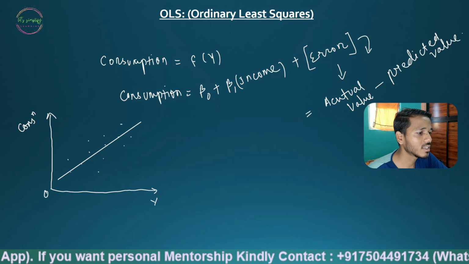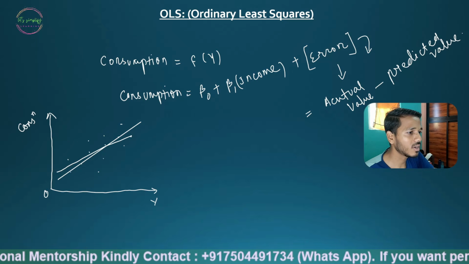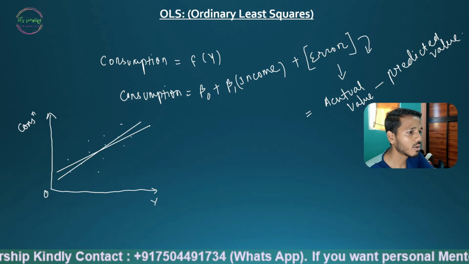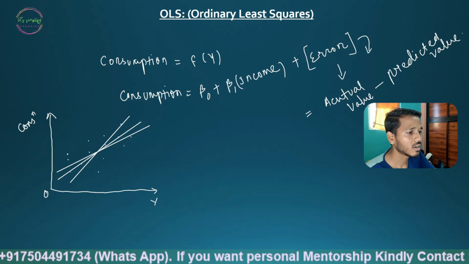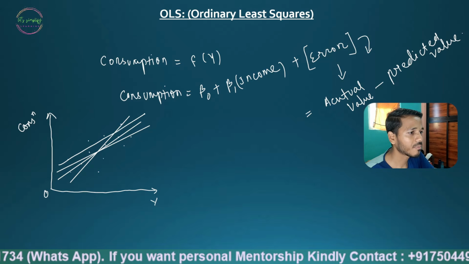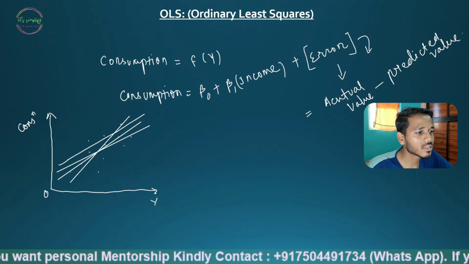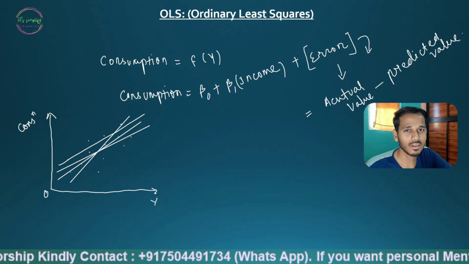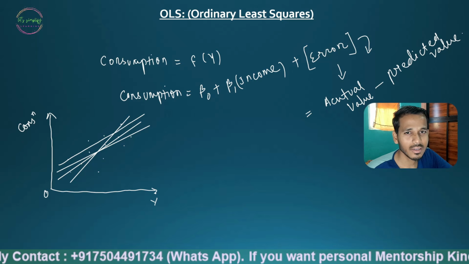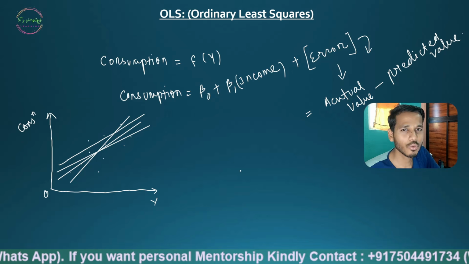If you look at the diagram, you can draw possible lines, this way or this way. All the possible lines give you some errors, and you have to calculate the sum of squared errors.